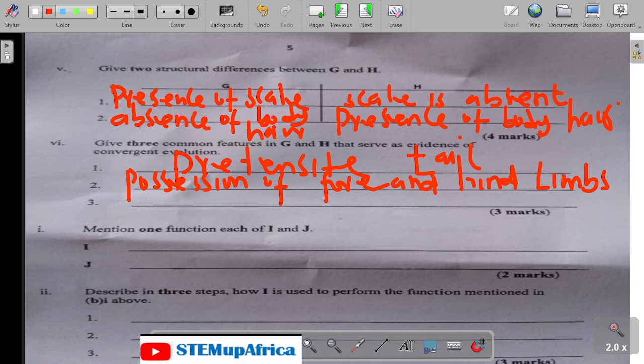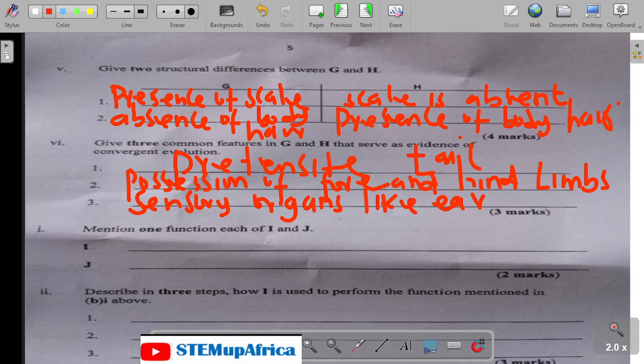Then number 3, sensory organs like ears. So that's Roman figure 4.